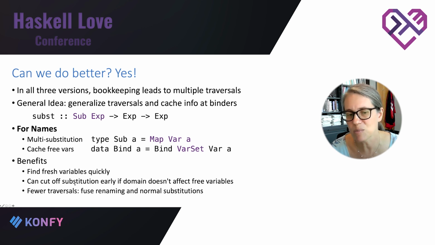We can cut off our substitutions because we can look to see whether the thing we're substituting for is actually free in the body. And we can fuse these. We had to do some renaming at the same time as substitution. We can fuse that together. So that's the key idea for some optimizations. I think if you sat down, you might think about some other optimizations. These are the ones that I tried out for the benchmark.